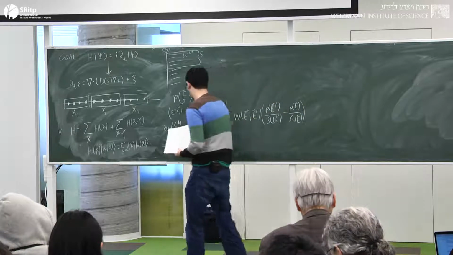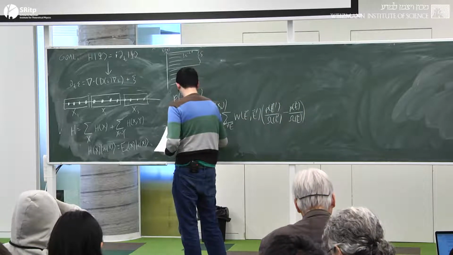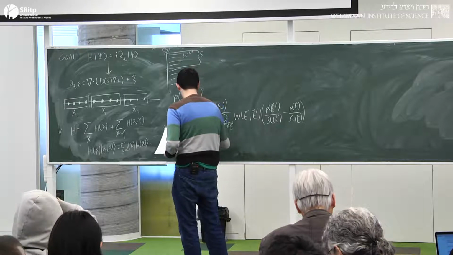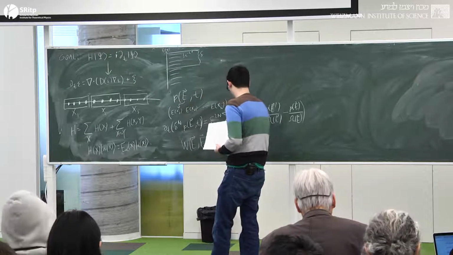And these transition rates W, at least with some further assumptions, they're symmetric and they're given by Fermi's golden rule.